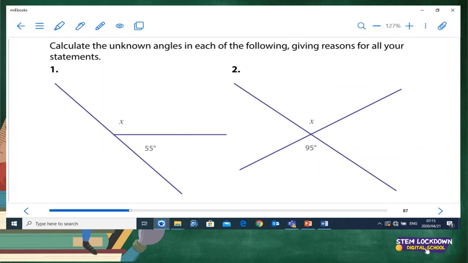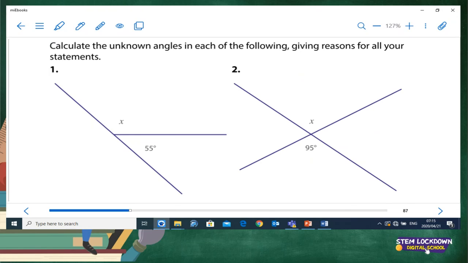That is because the combination of these two angles, X and 55 degrees, if you add them together, will give you 180 degrees. And that is why you find X by saying X will be equal to 180 degrees minus 55 degrees. And of course, that will be 125 degrees.